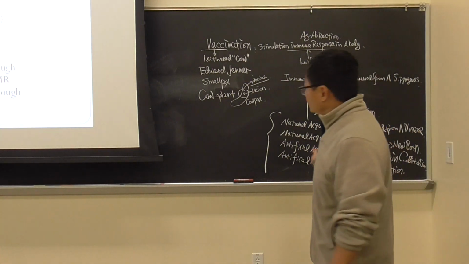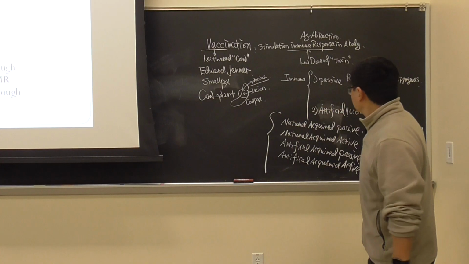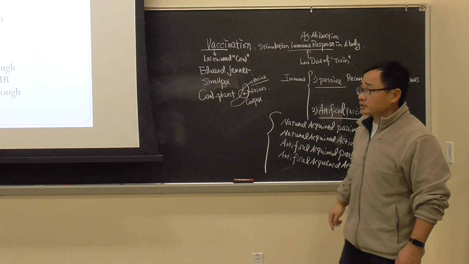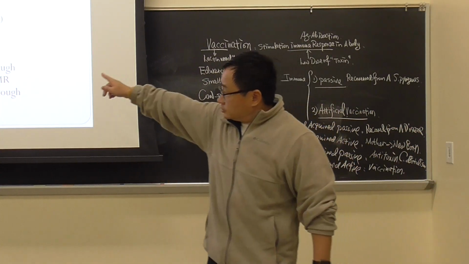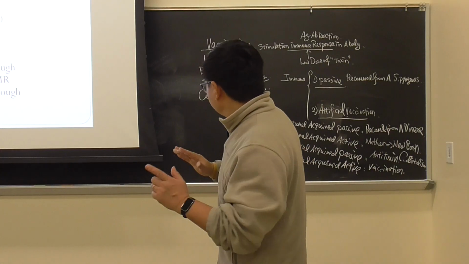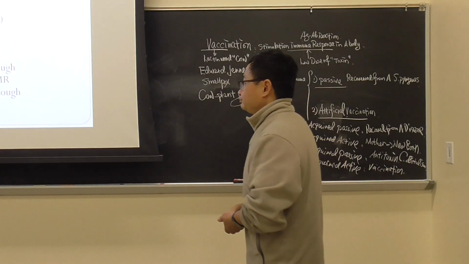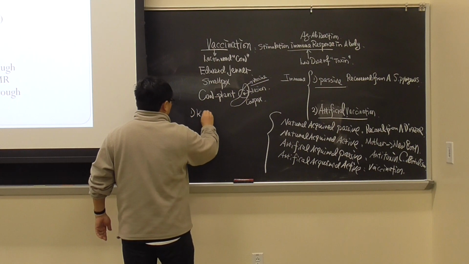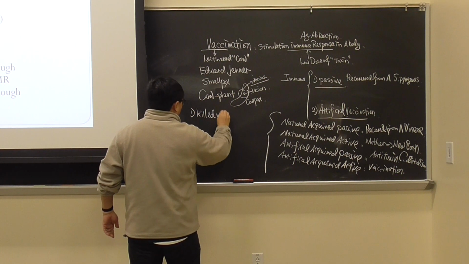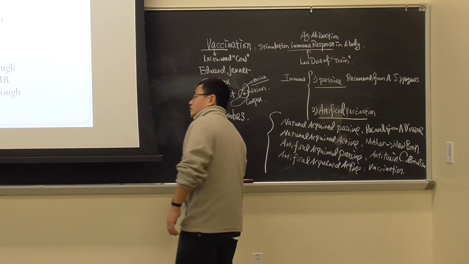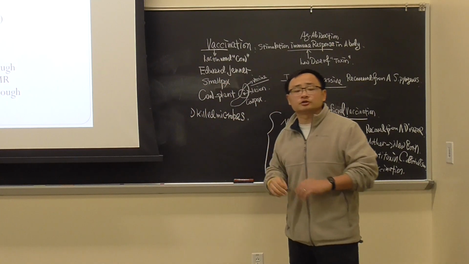So just want to let you know, it's a little bit complicated, but basically you need to know passive and artificial vaccination. What is that? This is the one we mentioned about the vaccine could be coming from different resources. It could be the killed microbes, which means microbes have been heat injured.